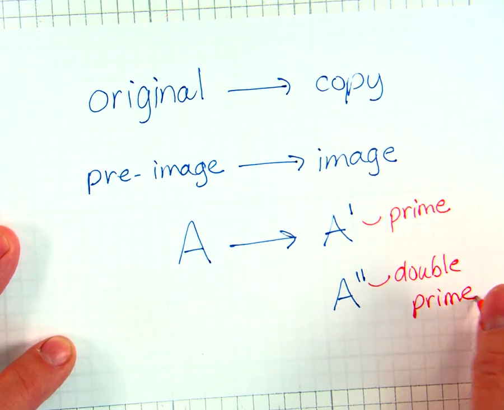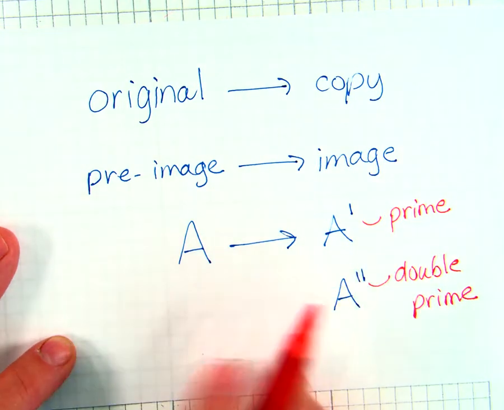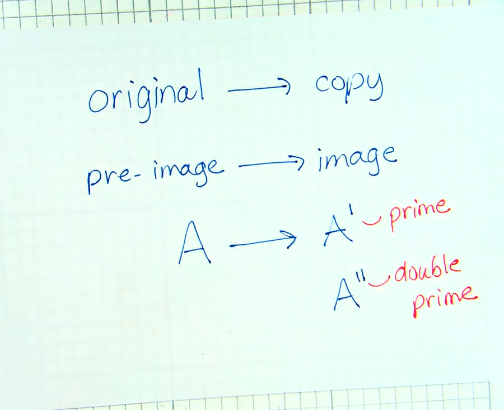So upon looking at a figure and its copy, you can tell which one's the original and which one's the copy by which one has the prime or double prime or etc. We don't usually go through a whole lot of them. Sometimes you'll see triple prime, but at some point you just get tired of making marks, and that goes away.